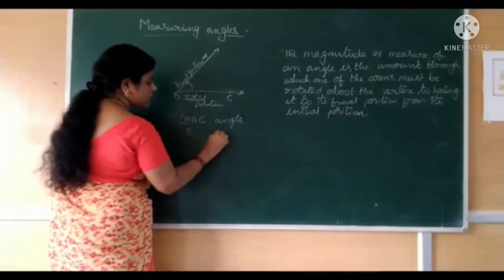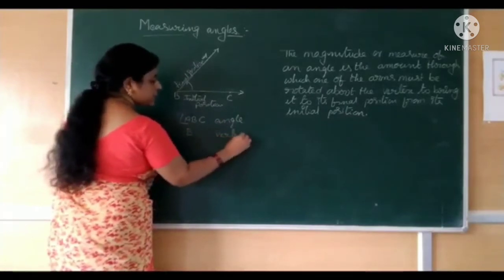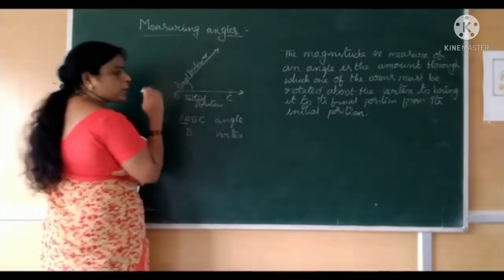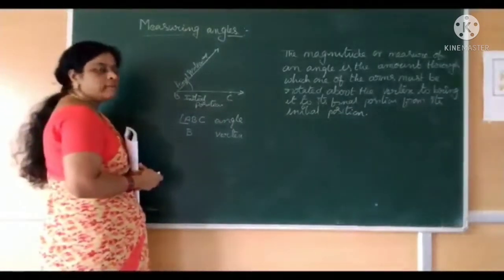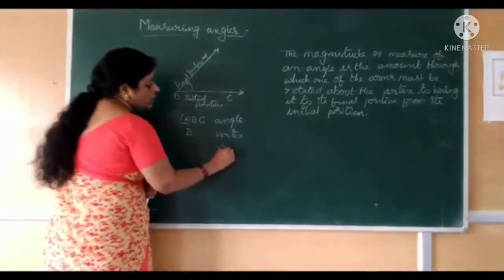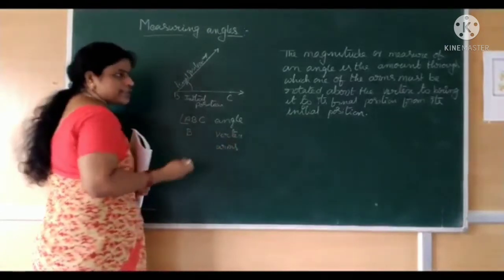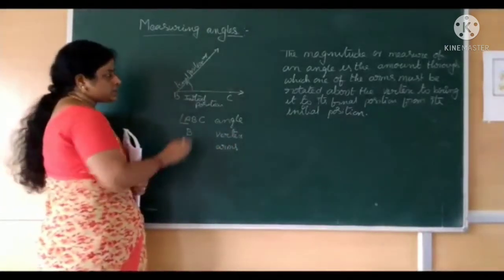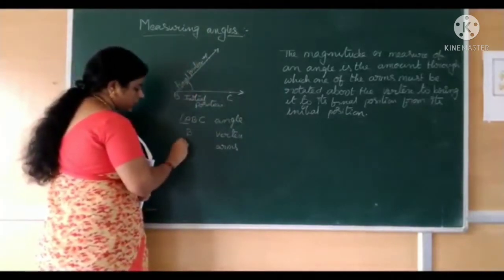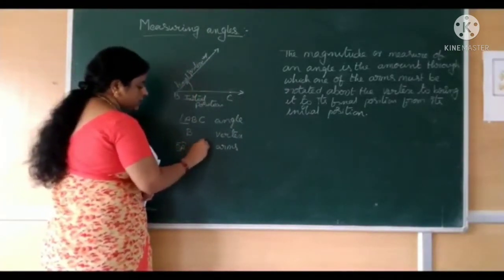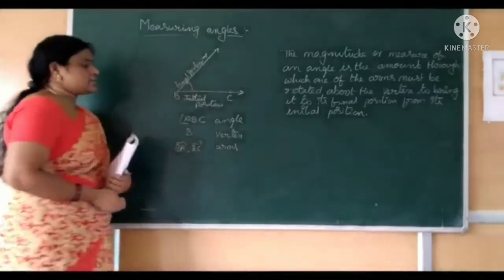B is the vertex, the common point of two rays, is said to be vertex. Rays can also be called arms. This is one arm and this is another arm. So BA is one arm and BC is the other arm.